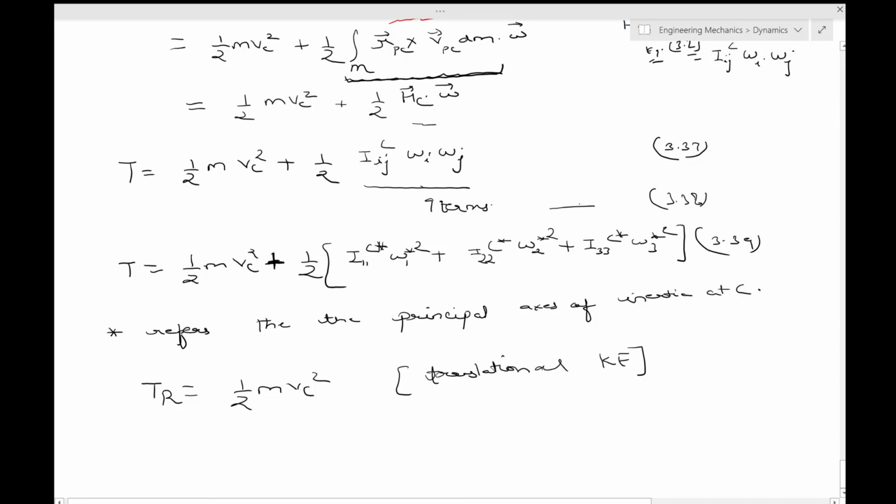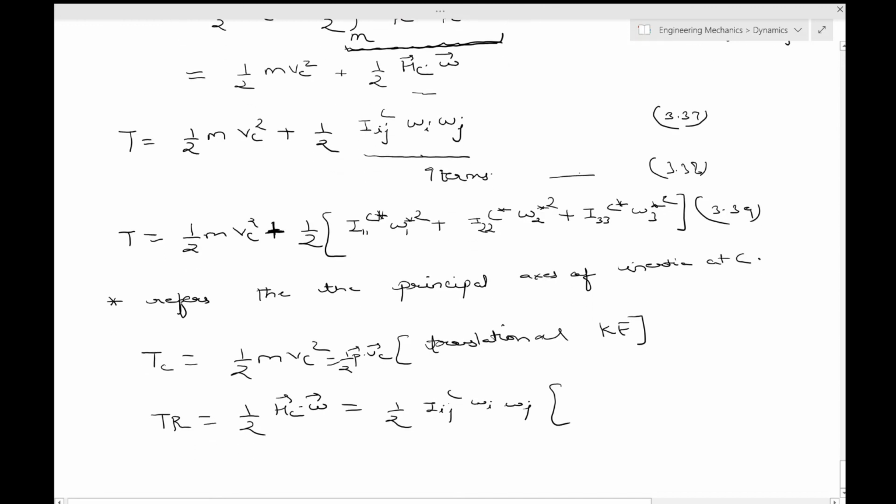Okay, and the other, T_R, is equal to half H_c dot omega, which is equal to half I_ij^c omega_i omega_j. This is also equal to half p dot v_c. Rotational kinetic energy.